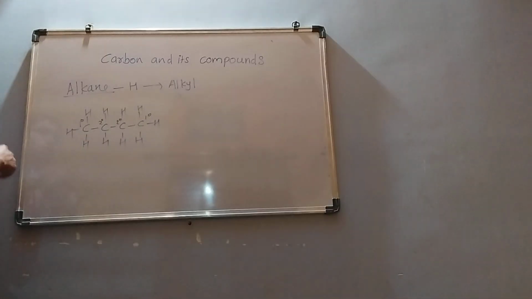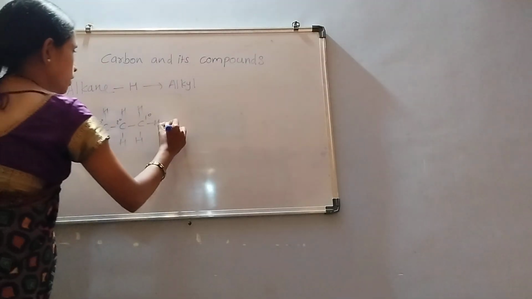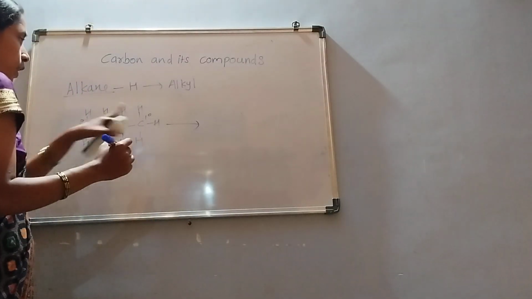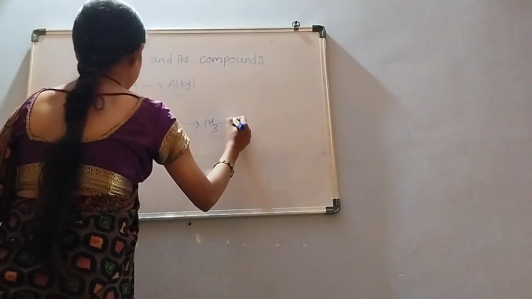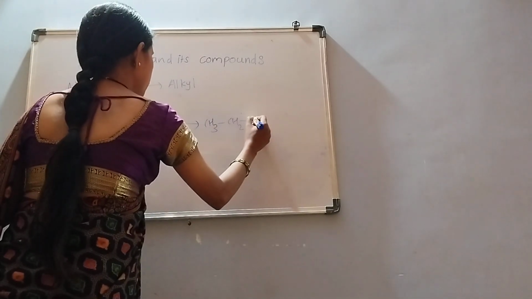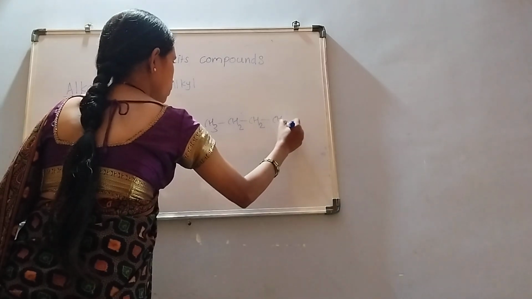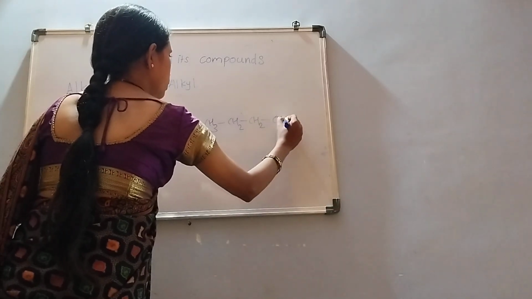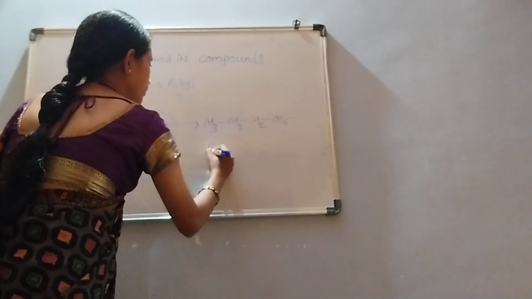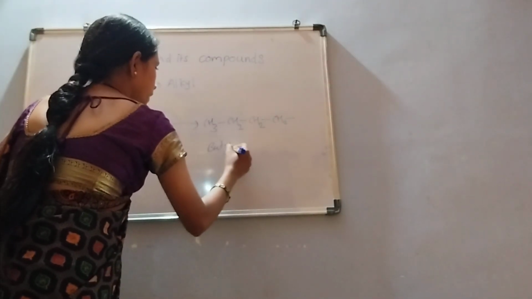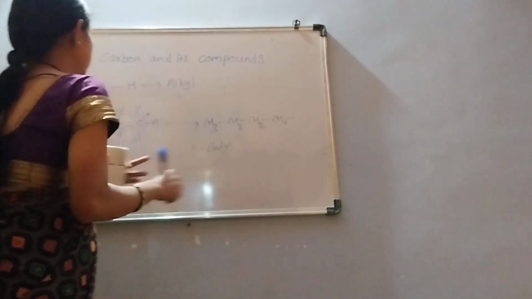So in this case, there are 2 secondary carbons. Now we are removing 1 hydrogen of primary carbon, then CH3 CH2 CH2 CH2, like this we are going to represent it. We call it a butyl, and it is an unbranched straight chain, so we write here n-butyl.